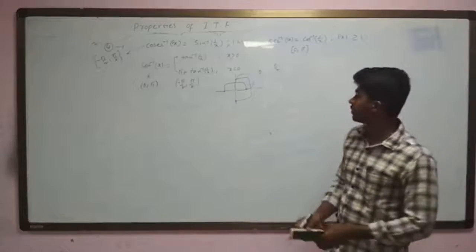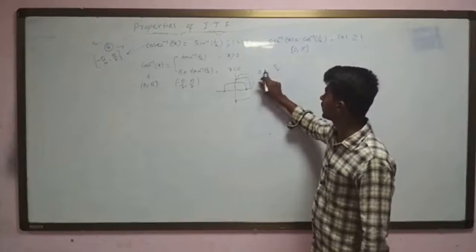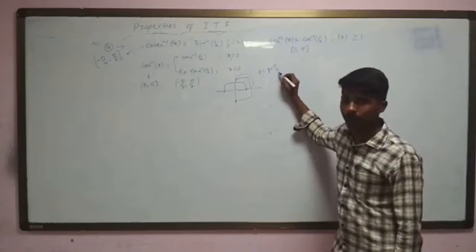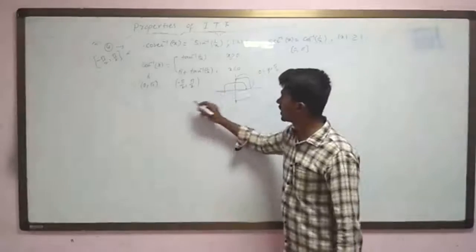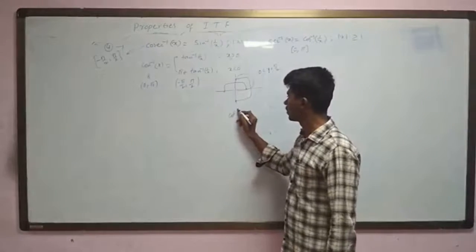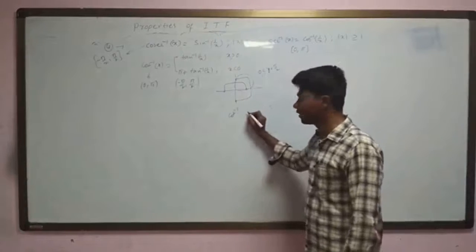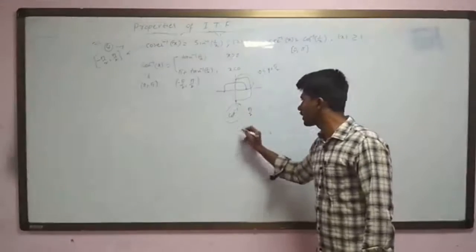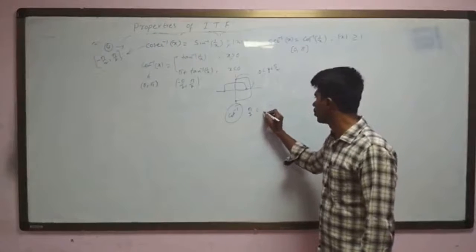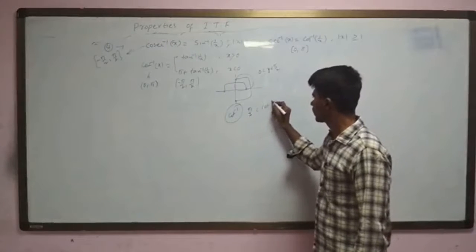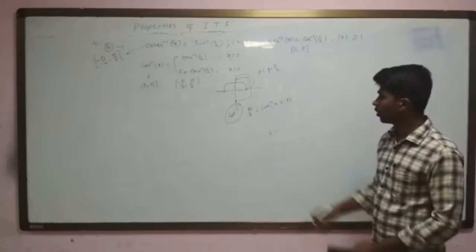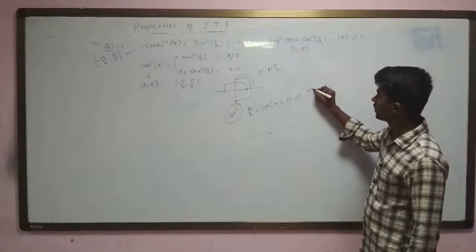Tan inverse x lies between 0 to pi by 2. If we consider cot inverse lying between pi by 2 to pi, we don't have any values which satisfy tan inverse.